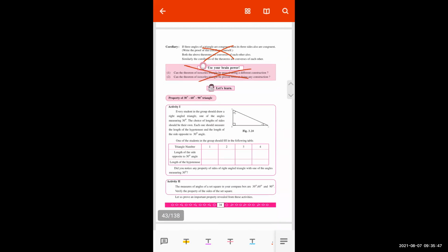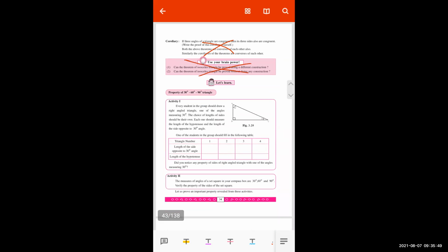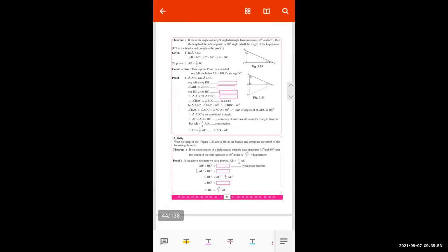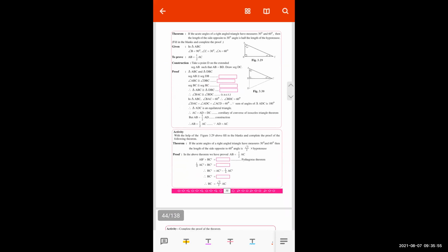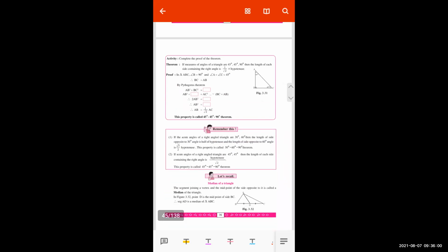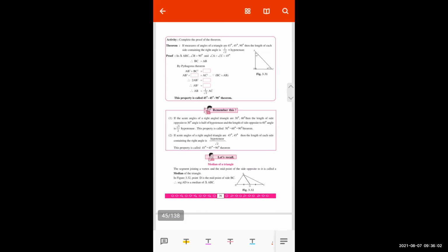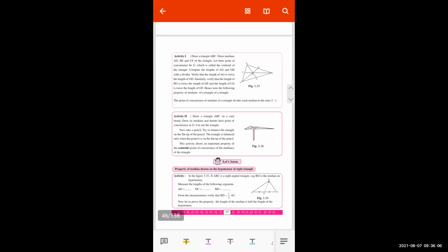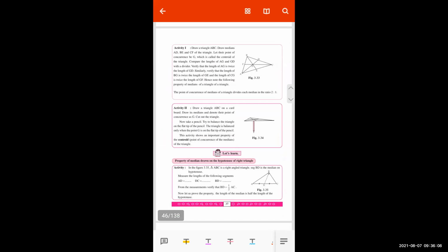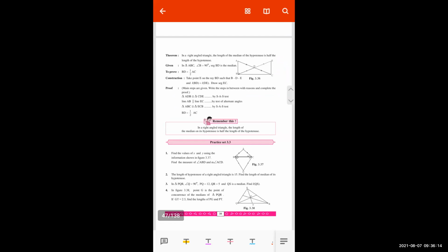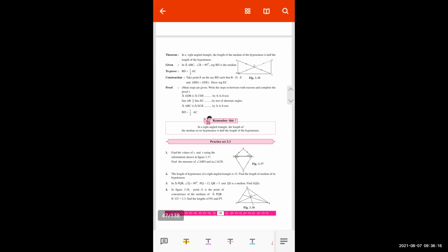Page number 35, learn completely. We just saw the 45-45-90 degree triangle theorem. Now page 36, learn completely. Page 37 is also a complete page you have to learn. Page number 38, learn completely.